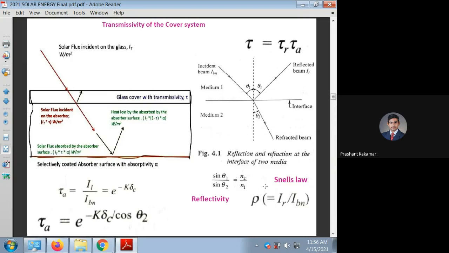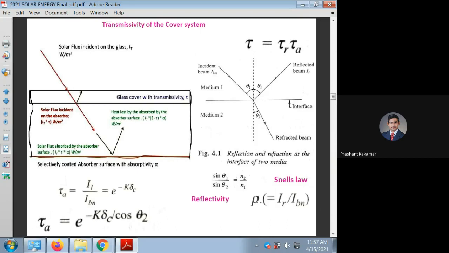So next is finding the reflectivity. The reflectivity of the given medium, glass or plastic, can be written as rho. For multiple glass covers I can denote it by rho 1 or rho 2, but if only one is there, there is no need to do so. So simply I am writing rho, because medium 2 itself has some reflectivity.